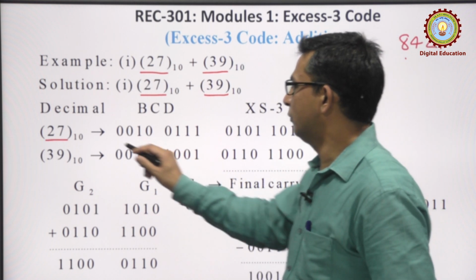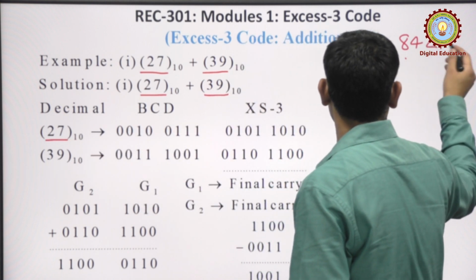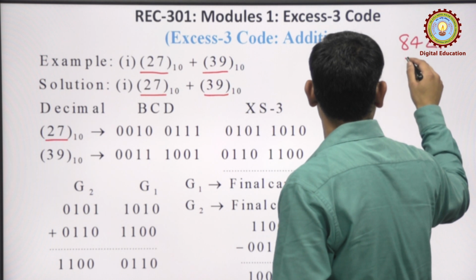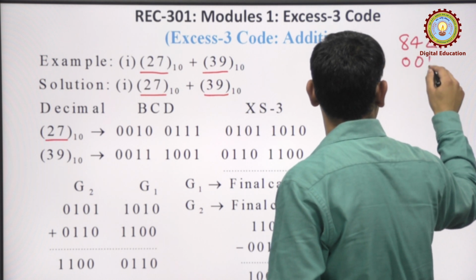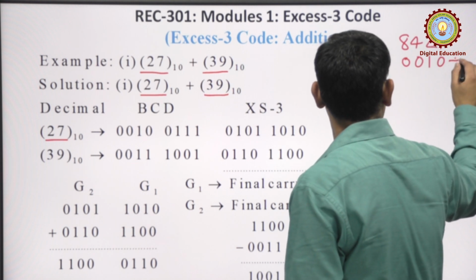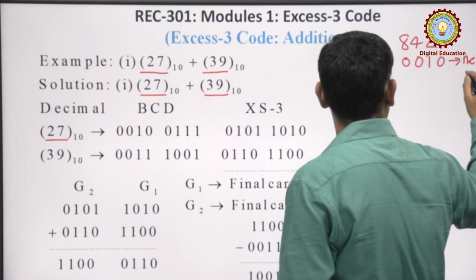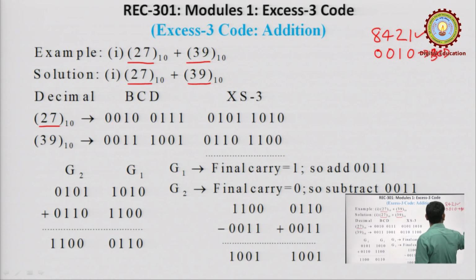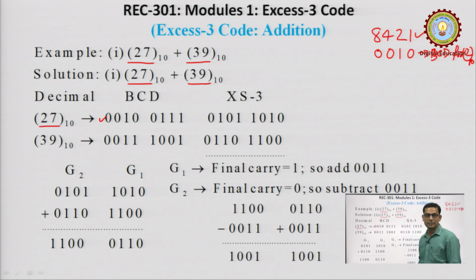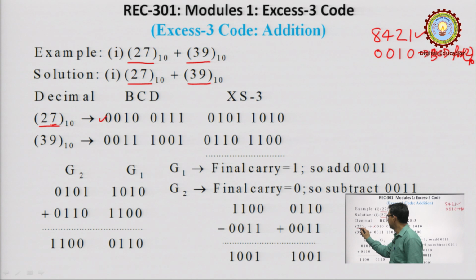So, the BCD code for 2, from here we can see if we want to get 2, it should be 0, 0, 1, and 0. This is the BCD code for 2. That is why I write down 0010. Now, I want to write down the BCD code for 7.